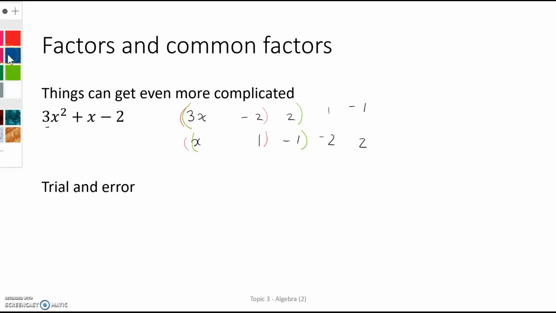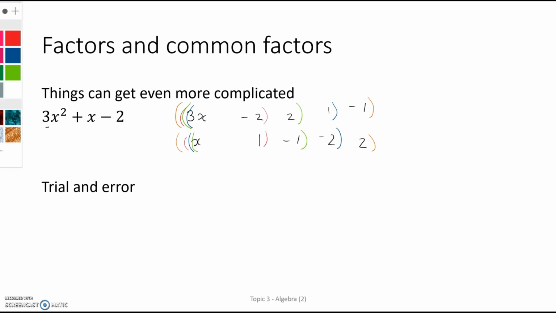Or we could try 3x plus 1 and x minus 2. Or for the last one, we could try 3x minus 1 and x plus 2. So all we have to do is just try and see which is the right one.